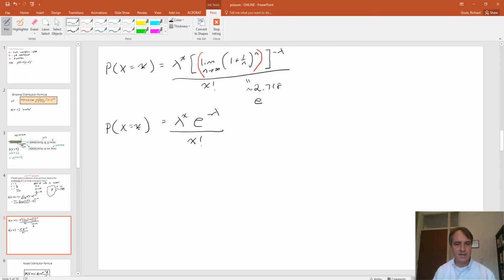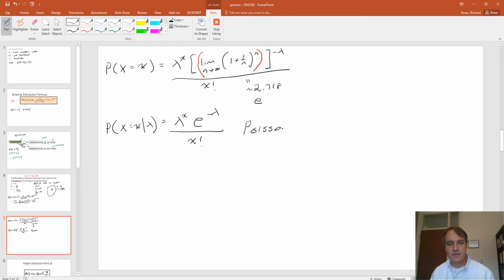Given an x, and if we already know the rate, so maybe I can even write that in there, the probability of x having been given a rate, a lambda, would give us the probability of observing x. So the probability that this random variable is equal to a certain x given a certain lambda is equal to this.